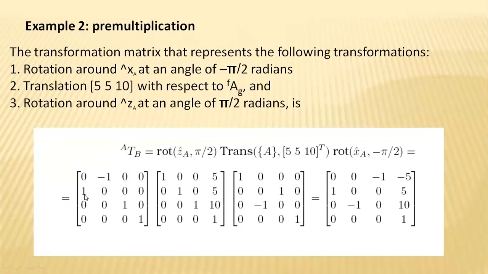So x-axis, towards the x-axis. This is the rotational matrix towards the x. And the second position is translation with respect to the reference frame A with extensible units.